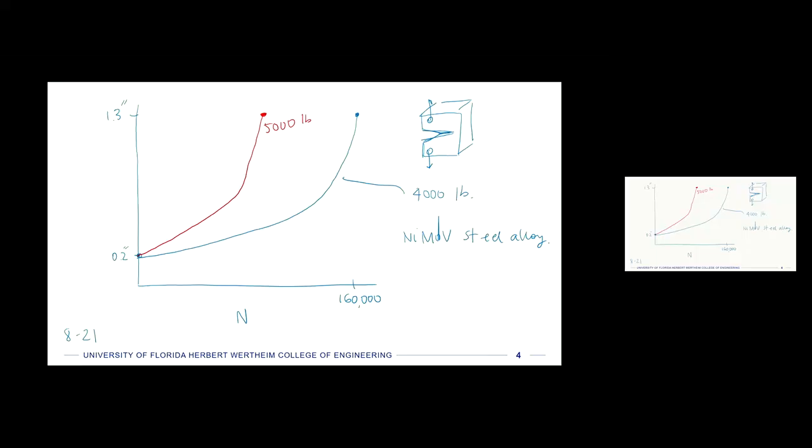The higher loads we apply, the lower the life of this sample. The next one is going to be like 7,000 pounds, and it's over quite close, like this. And then the highest they go is like 9,900 pounds, and it's almost vertical like this.